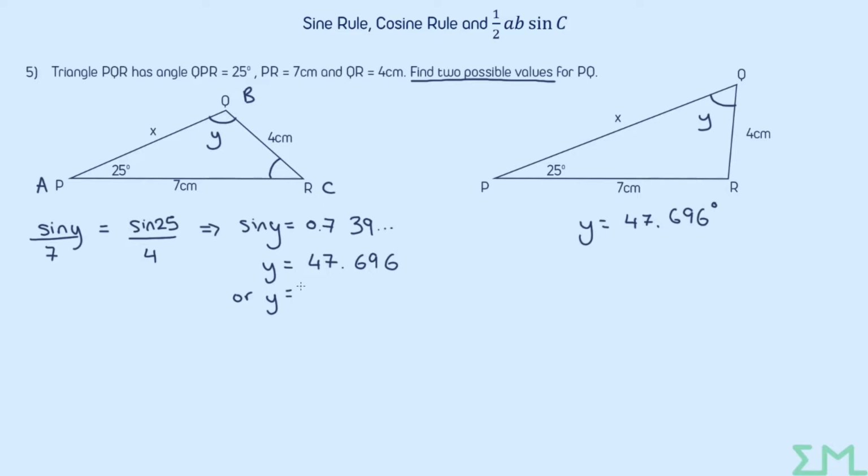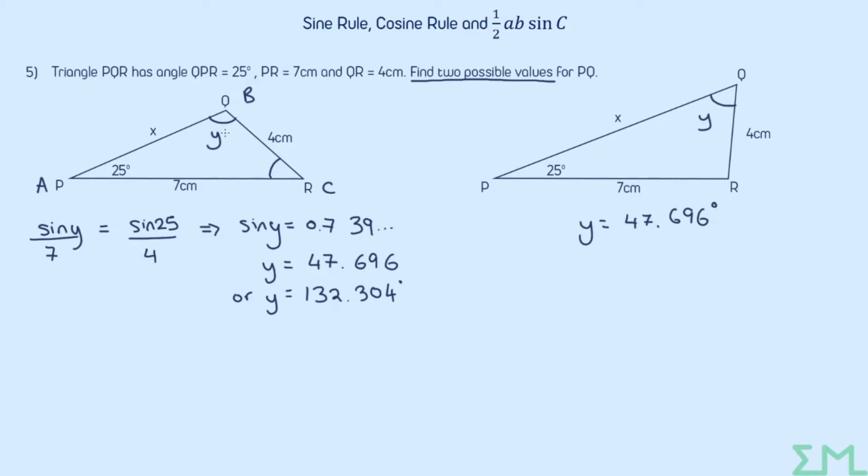So for this triangle, we are going to use 132.303. So we're going to use 132.304 for the calculations to do with this first triangle.